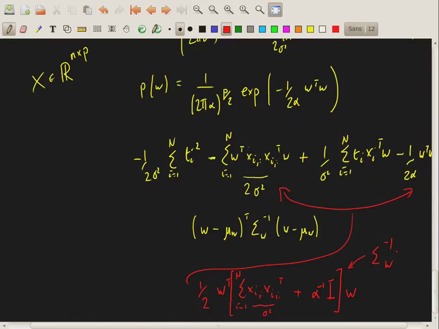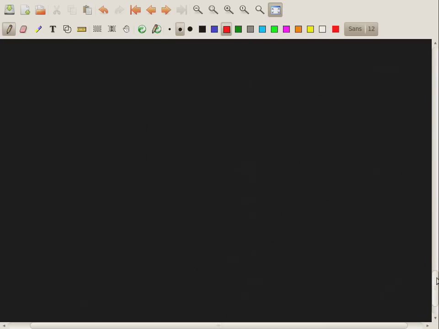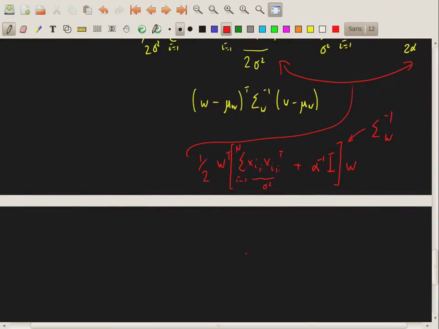What's happened? We've got a bunch of off-diagonal terms coming from the data. In fact, I told you last time that I like to write that in this form.